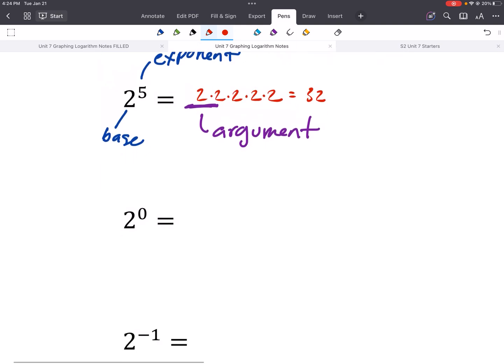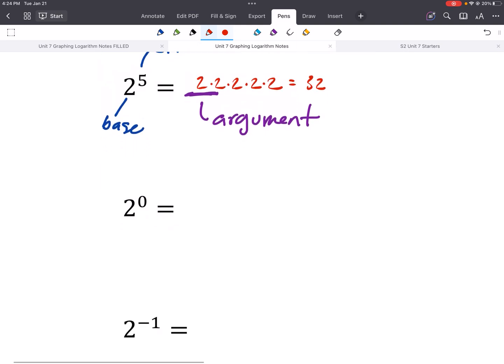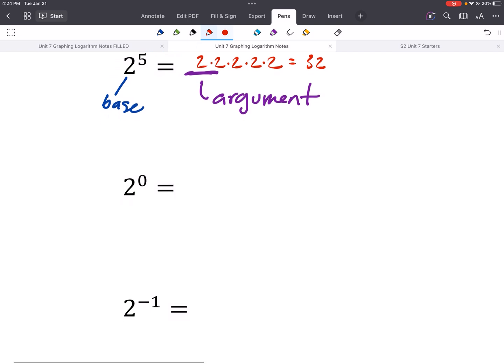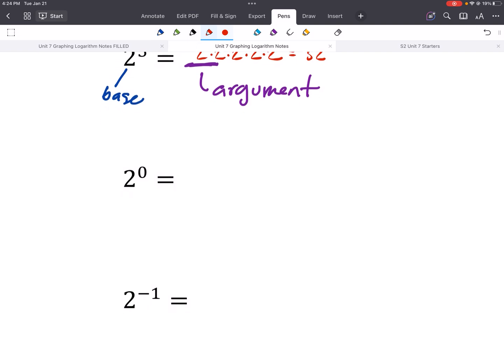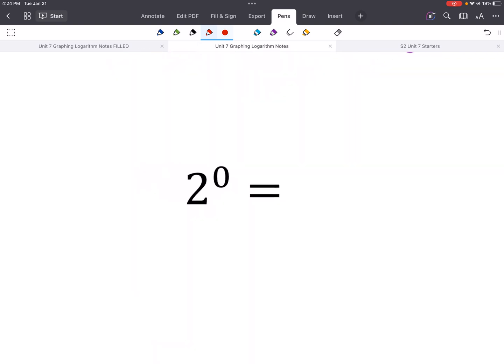These next two examples, sometimes people have a hard time with these. So let's have a look at this and see if this kind of makes sense. So what is our next example? 2 to the 0, okay? So again, what do exponents do? It tells us how many times we multiply the base.